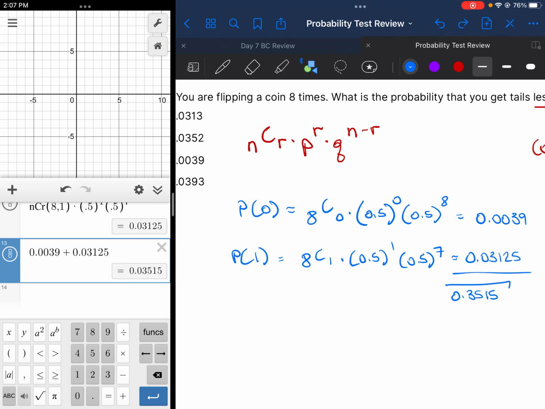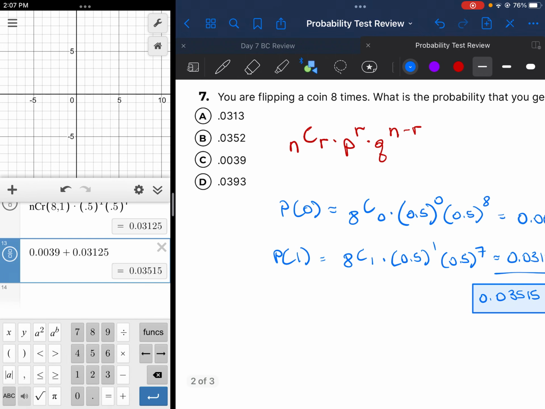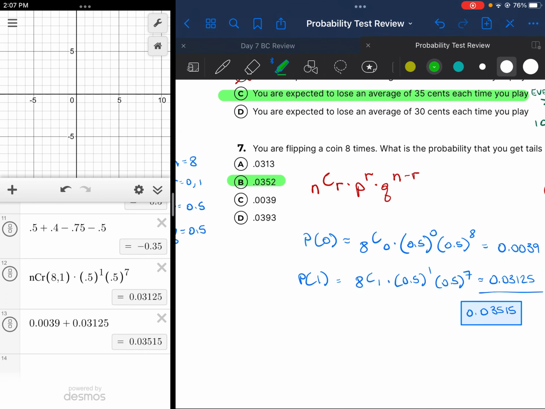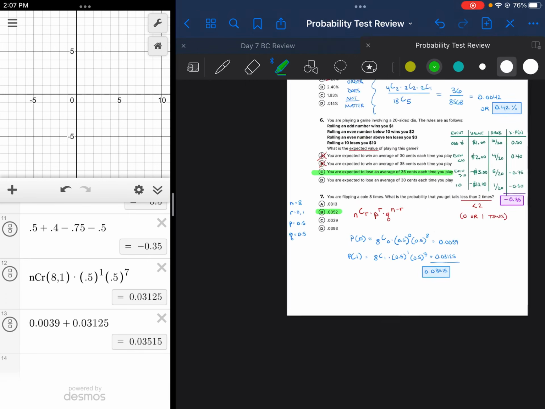Oh, come on, auto shape, we can do this. And I'm missing a 0. There you go, 0.03515. And that'll be answer choice B. We just rounded it a little different. Or it's a rounded version of our answer. 0.03515 or 0.0352.